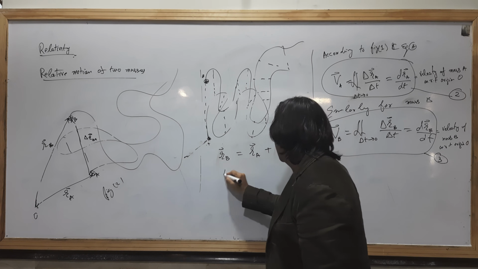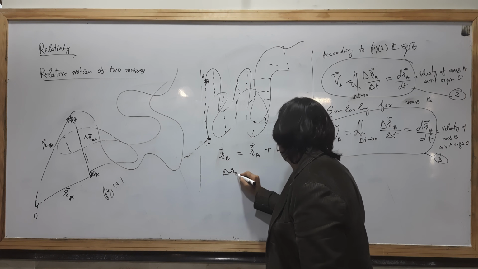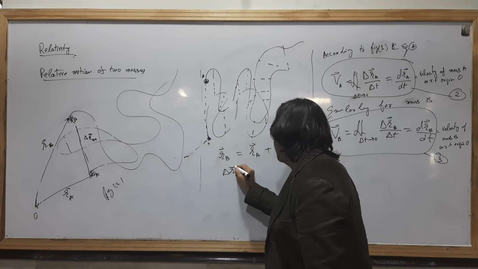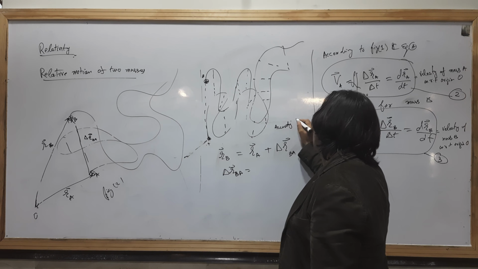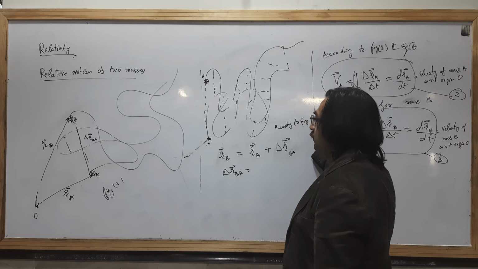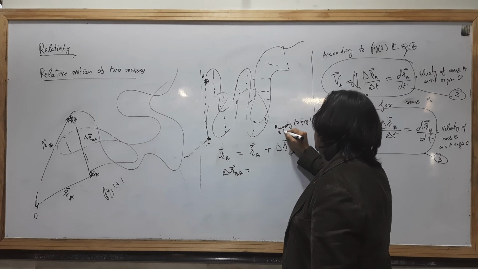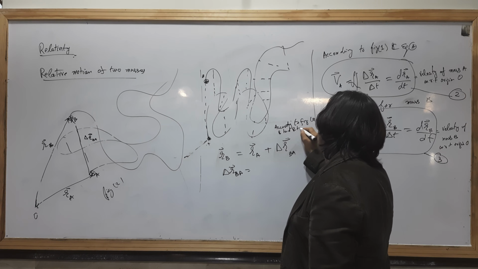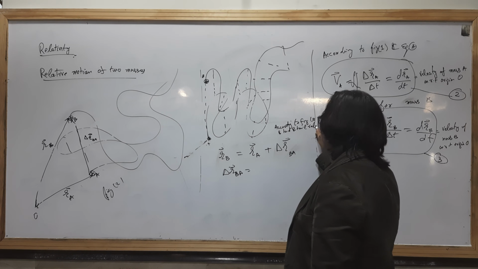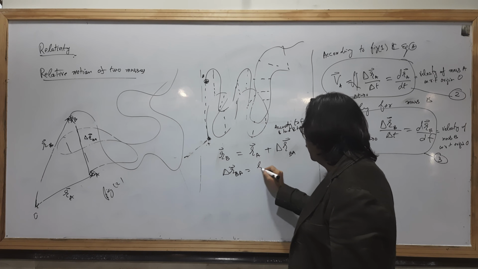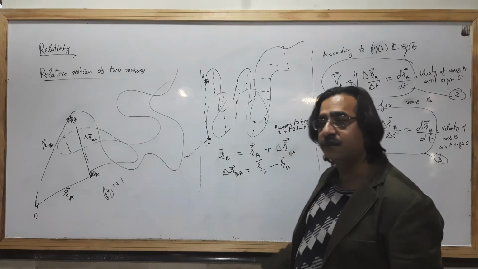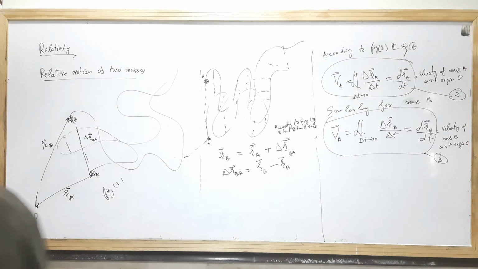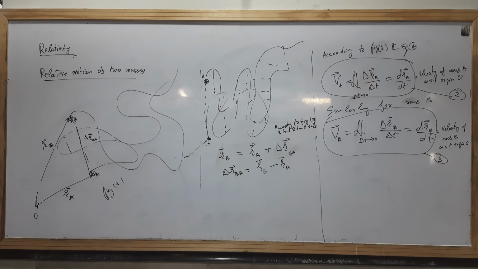And delta R_BA, according to the head and tail rule, will be R_B minus R_A.